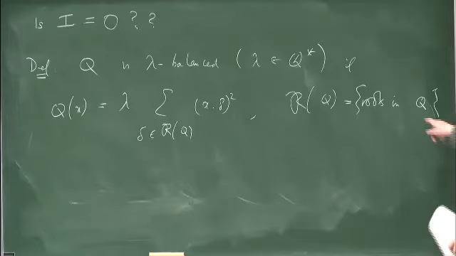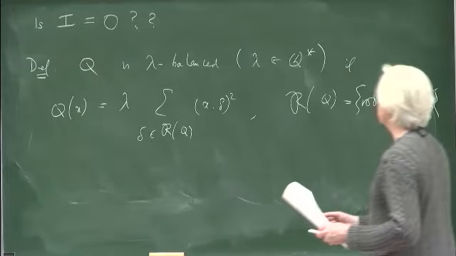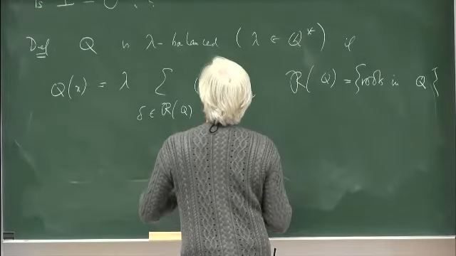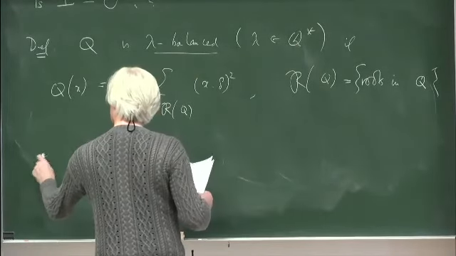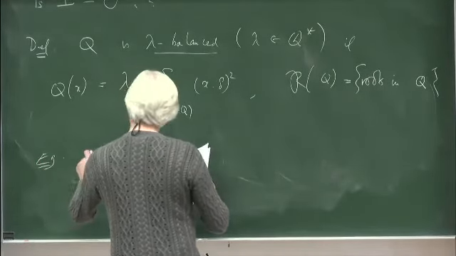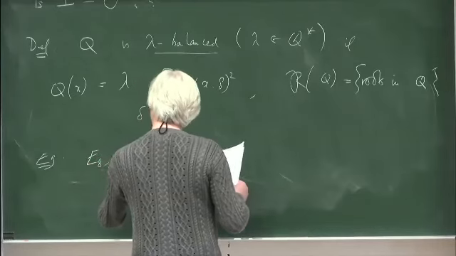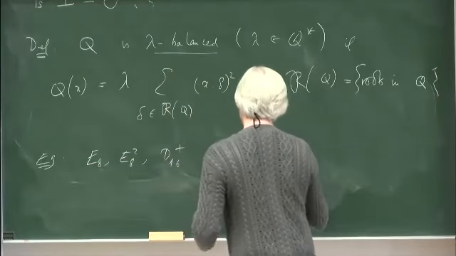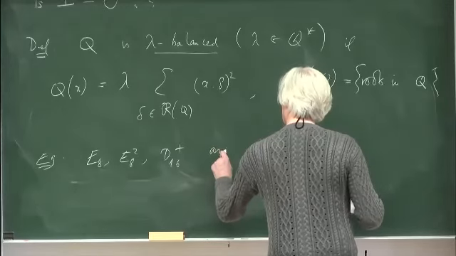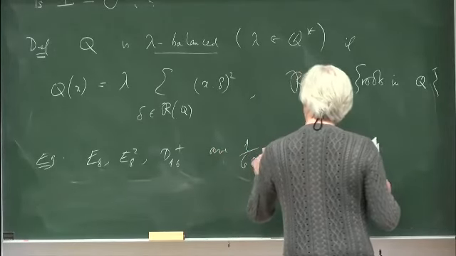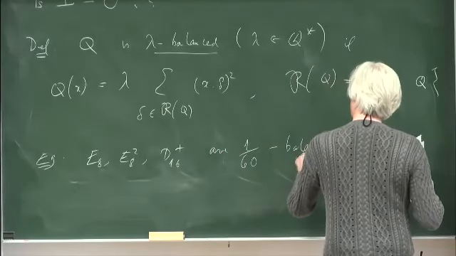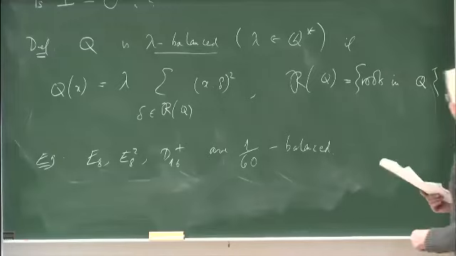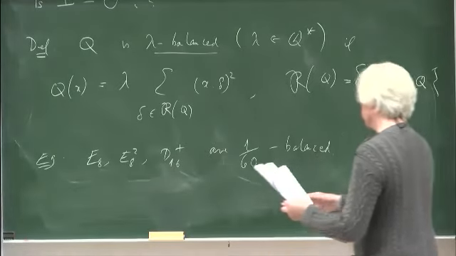Strictly speaking, the roots in the lattice on which Q is defined, I'm sorry. So for example, E8 squared and D16 plus are 1/60th balanced. Well, okay, it's easy to prove.